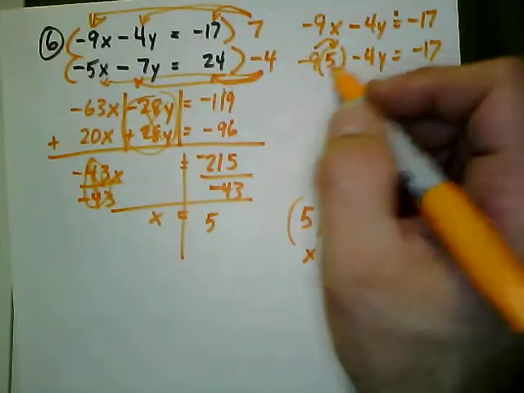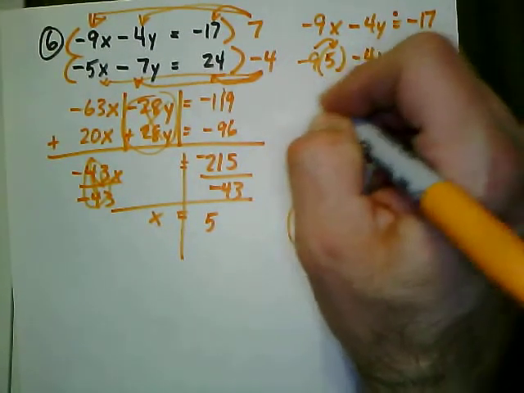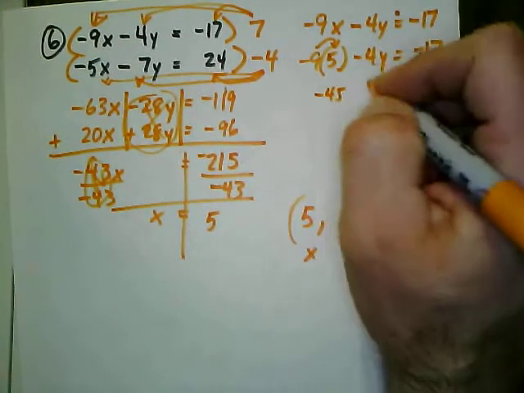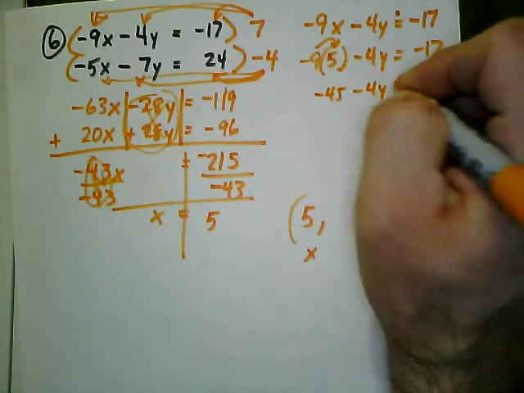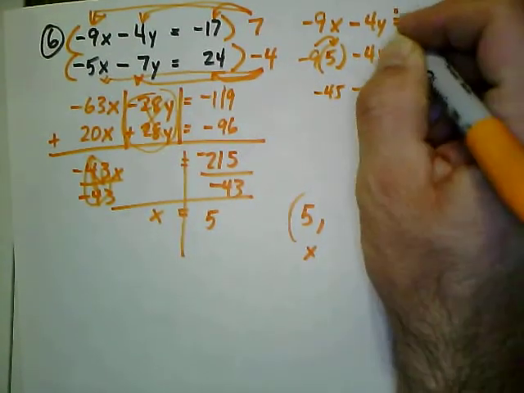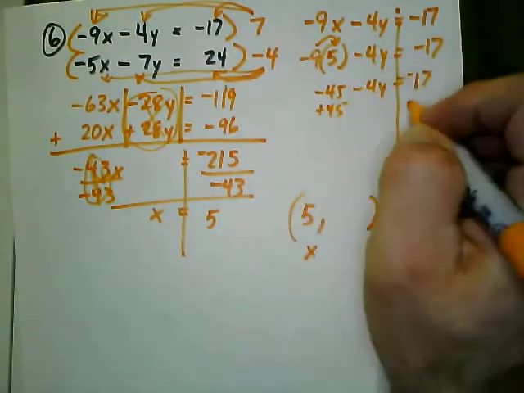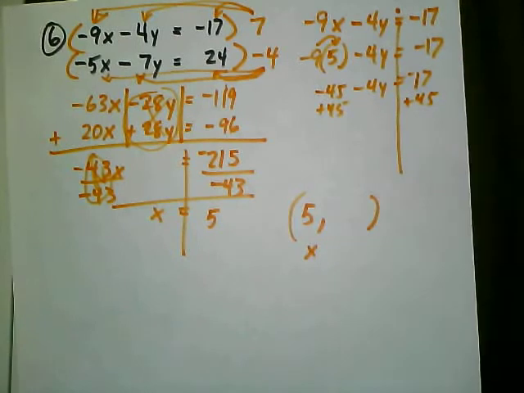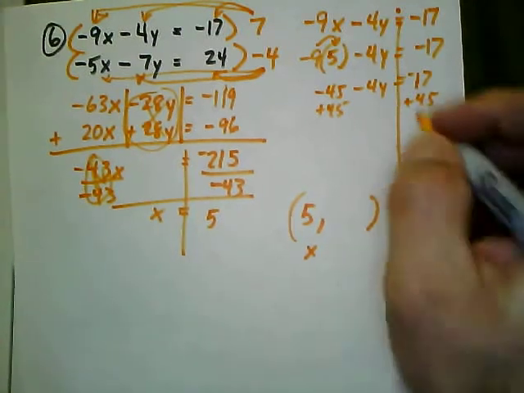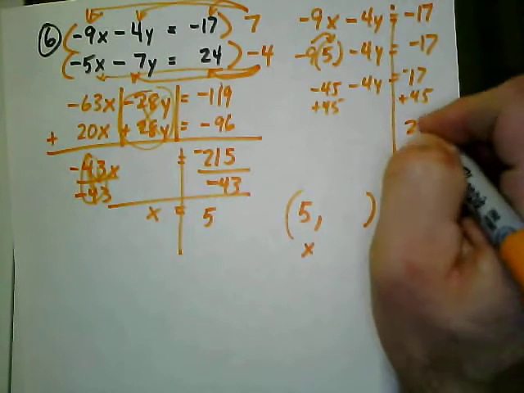So there's the distribute part. -9 times 5, -45. Bring everything else down. I'm going to go ahead and add that 45 to both sides. So -17 plus the 45 equals 28.